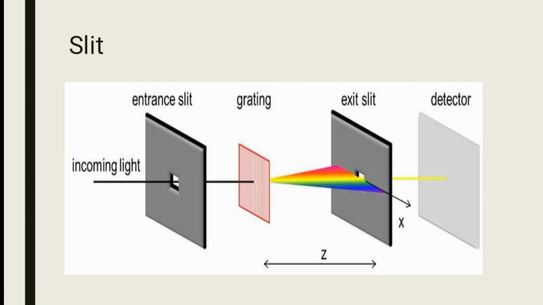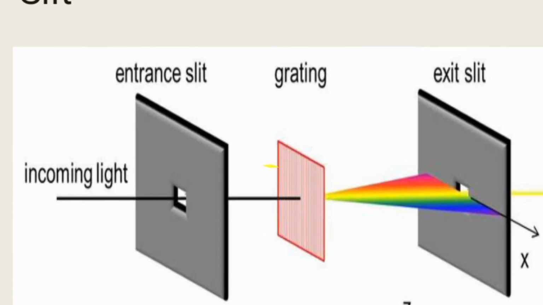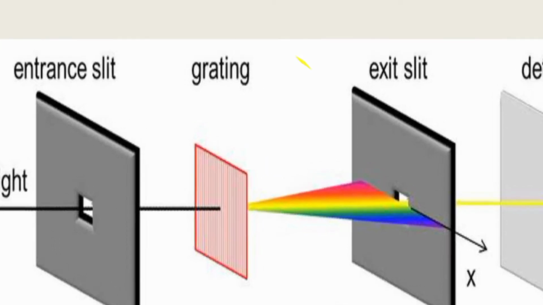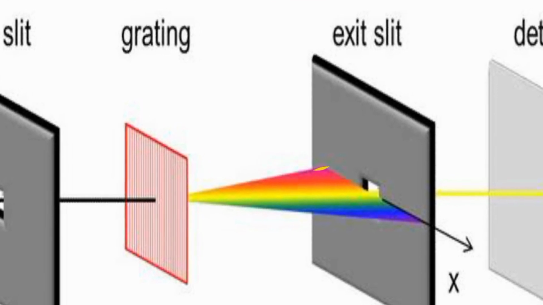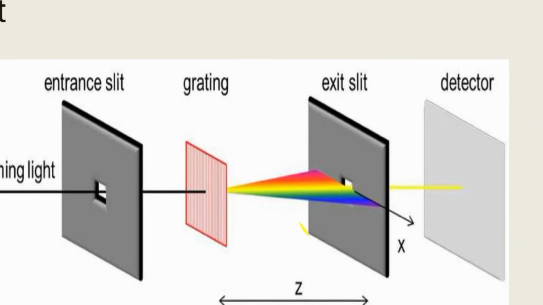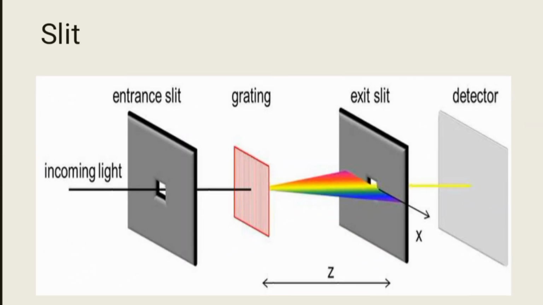There are two types of slit: entrance slit and exit slit. The function of the entrance slit is to make a beam of light, and the purpose of the exit slit is to convert different wavelengths of light into one specific wavelength of light. Both are slits, entrance slit and exit slit.